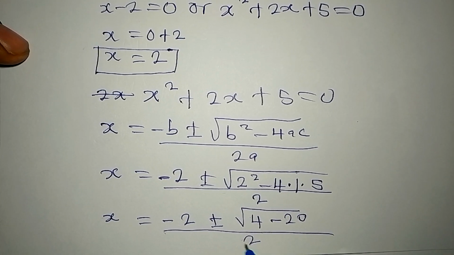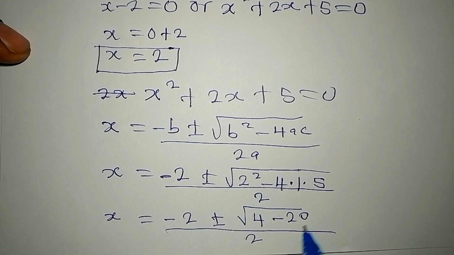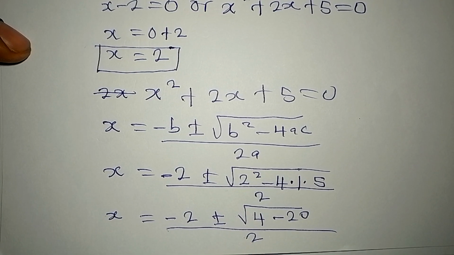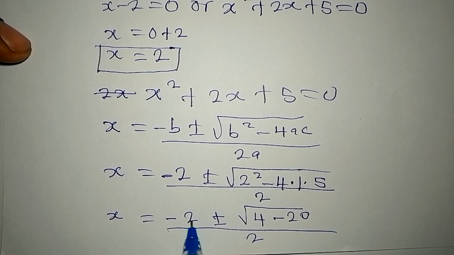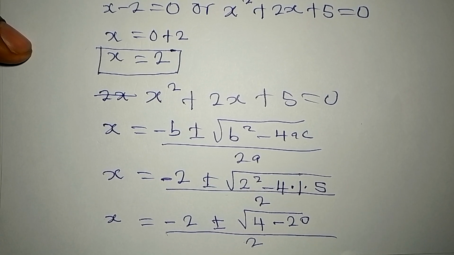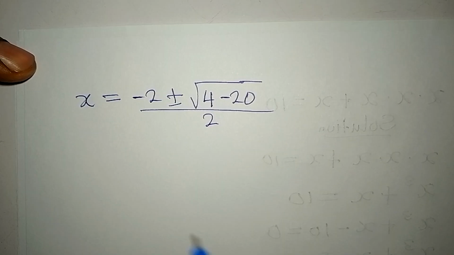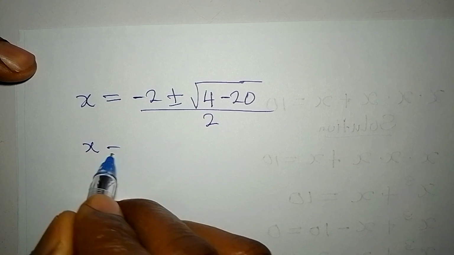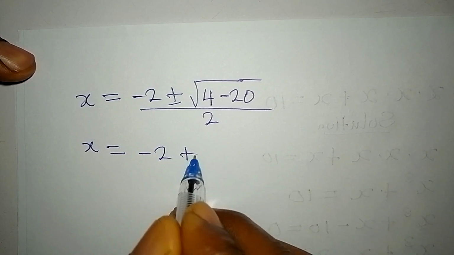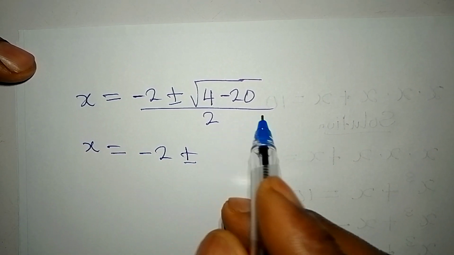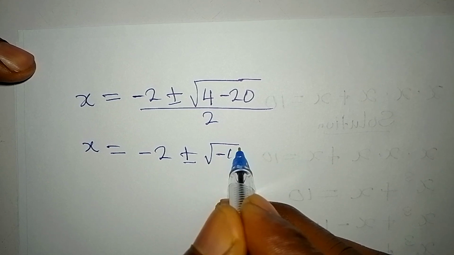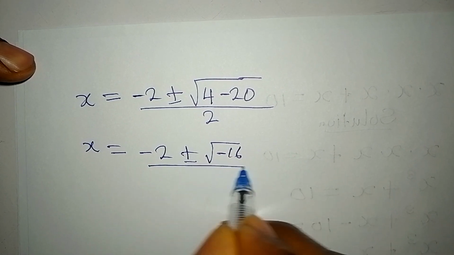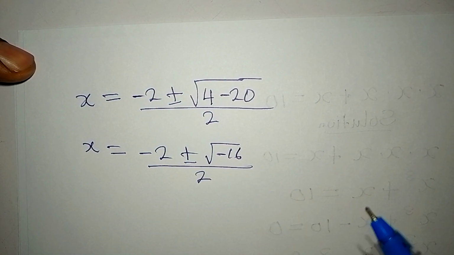Now, do not divide 2 by 2 yet, because this 2 is working for this and the whole of this. So let's go ahead. x will be equal to minus 2 plus or minus square root of 4 minus 20, which is negative 16, right? So we divide this by 2.